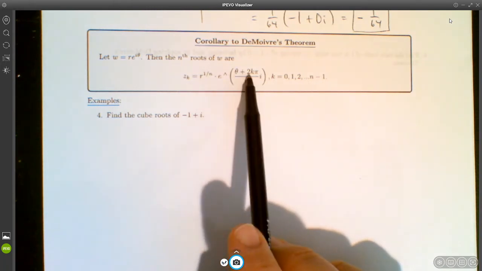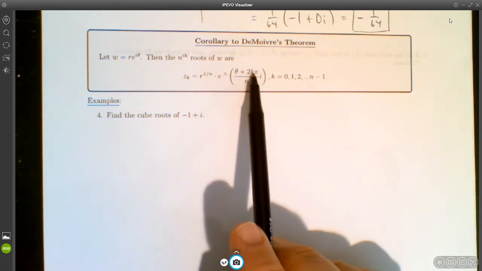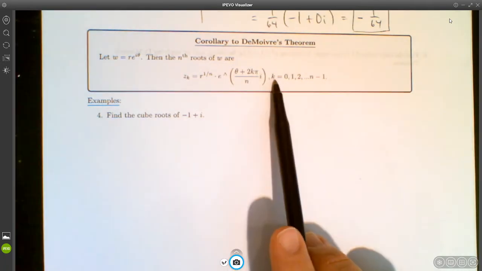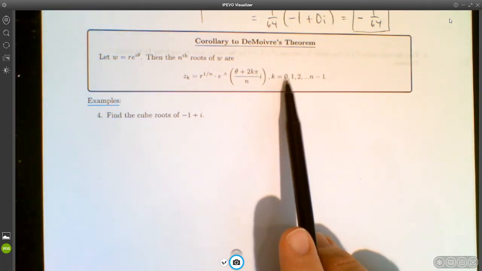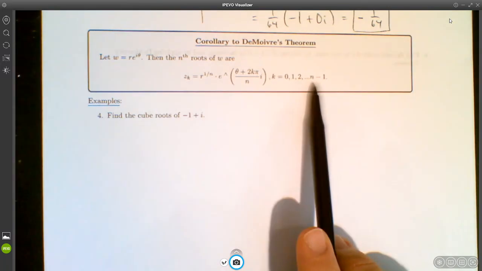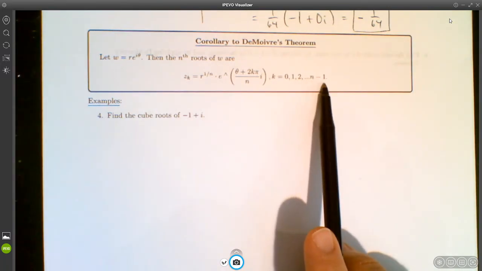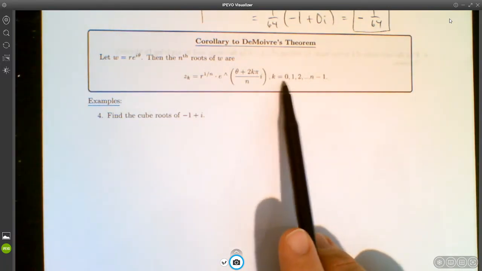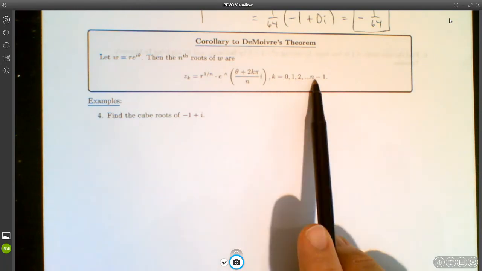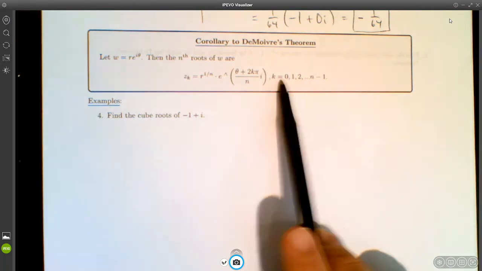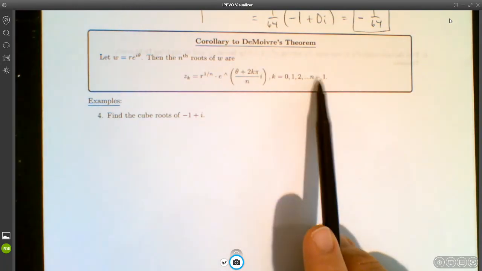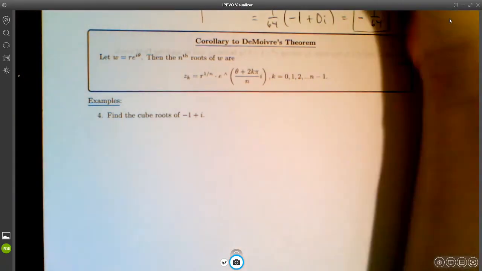What's maybe a little surprising is this 2k pi business, right? What is the k? Well, k is 0, 1, 2, all the way up to n minus 1. So for example, if you're taking fifth roots, then k would go all the way from 0 to 4. If you're taking seventh roots, then k would go all the way from 0 to 6, right? So one less than whatever root you're taking.